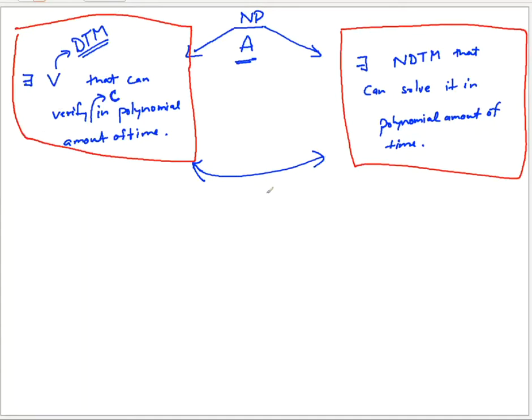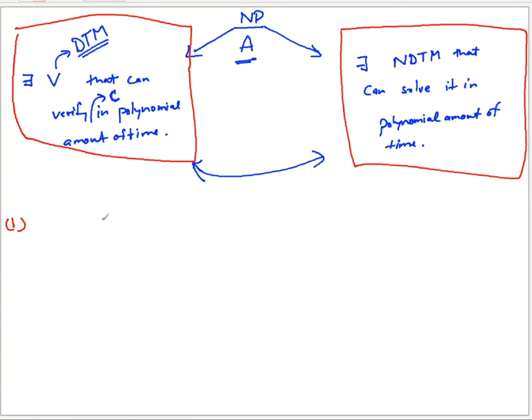So there are two directions to prove. The first one is if a verifier exists, we can construct a non-deterministic Turing machine, or if a non-deterministic Turing machine exists, we can construct a verifier. So let's say that there is a verifier that exists. What is given?